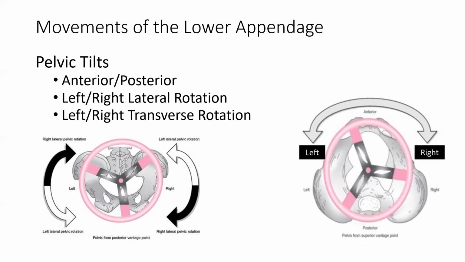These are not joint movements. These are structured positions, or looking at how the pelvis itself is moving in space, regardless of what is happening below or at the joints above. This is where the pelvis is positioned in space.